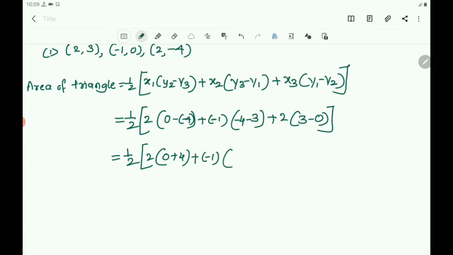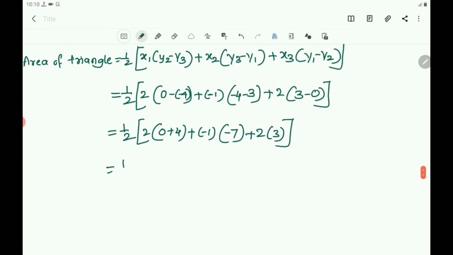What is the sum of minus 4 minus 3? As they are having same sign, we have to add them and put the same sign. Sum of minus 4 and minus 3 is minus 7. Then plus 2 into (3 minus 0) is 3.